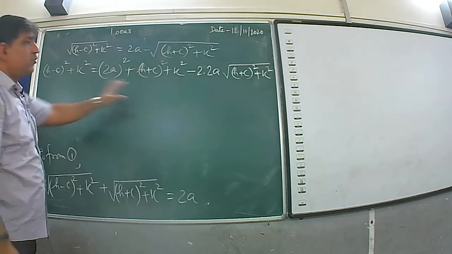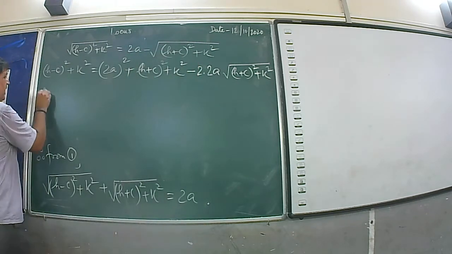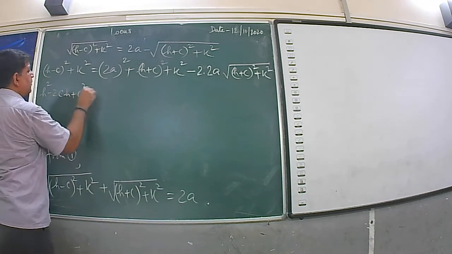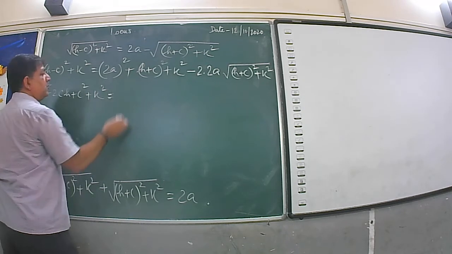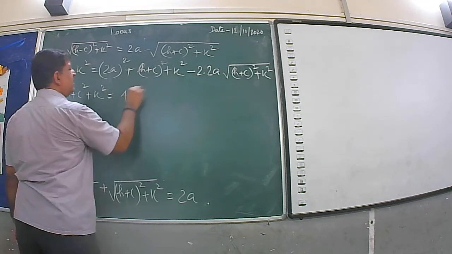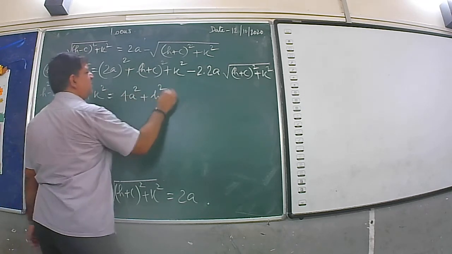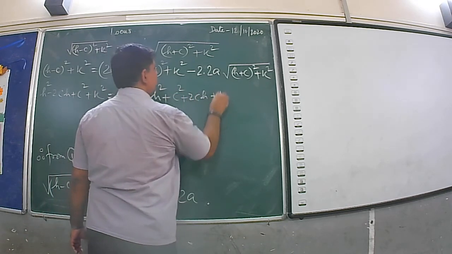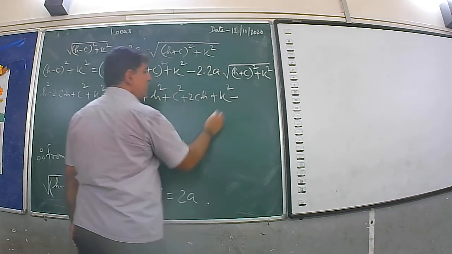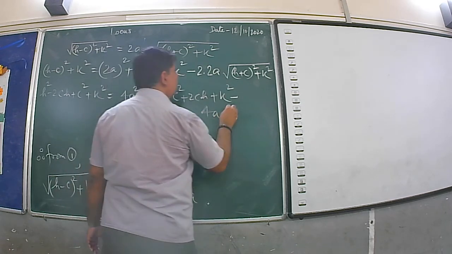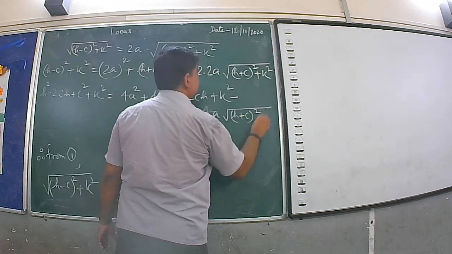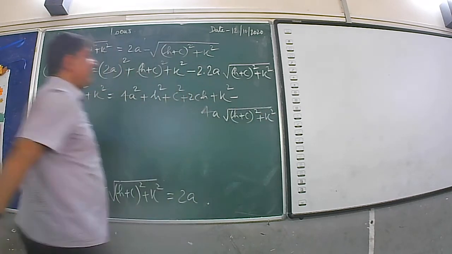Now open these squares. What happens? h square minus 2ch plus c square plus k square is equal to 4a square plus h square plus c square plus 2ch plus k square minus 4a root over (h plus c) whole square plus k square. This result you will get.